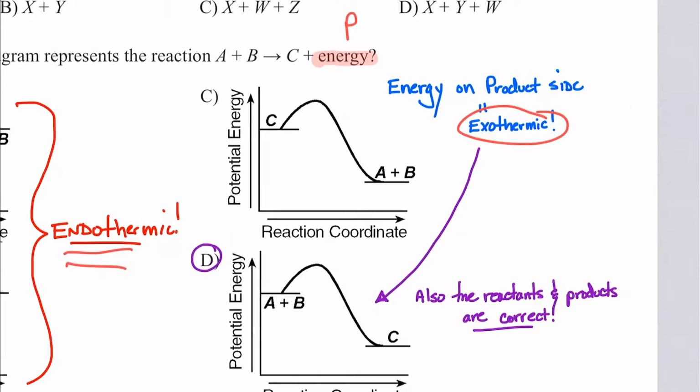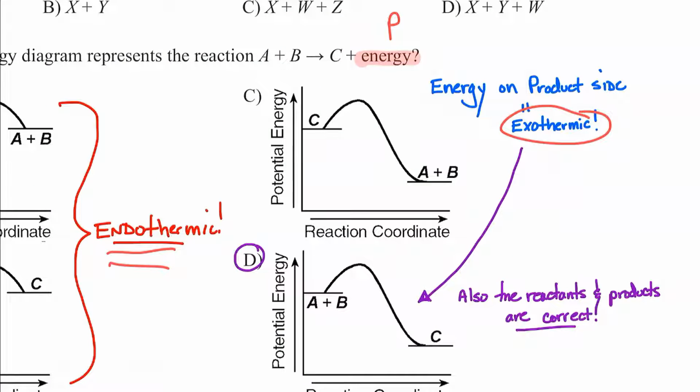But between these two, we have to make sure we understand that the reactants are in front of the arrow and they have to be written here. Remember, this is the potential energy of the reactants. So the reactants in front go on this line, and the product goes on this line.